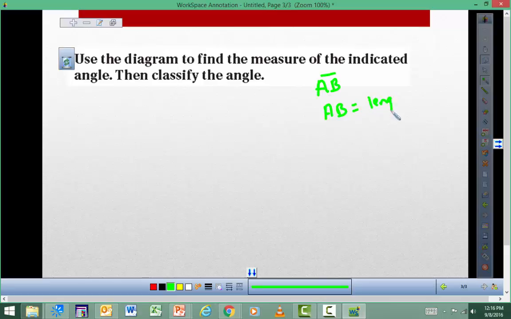So if you're trying to measure a segment, we leave the mark off there. In a similar way, we use this little bitty m if we're trying to find the measure of an angle. Like, if we're trying to find the measure of angle ABC, we'll use this little bitty m to talk about the measure of an angle.